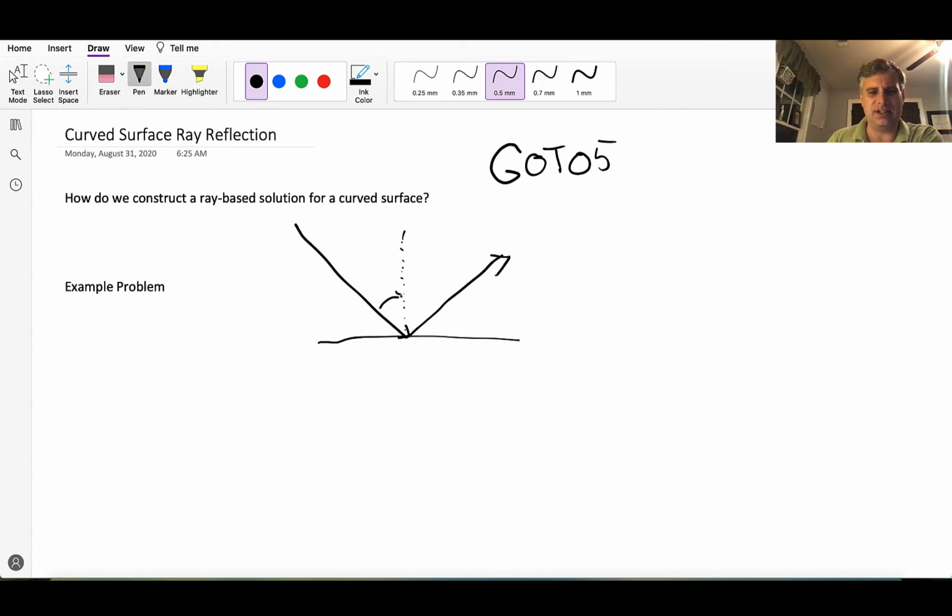Angle of incidence is equal to angle of reflection from Snell's law. But what if the surface is curved? One of the things I hope you see in this lecture is how flexible and powerful geometrical optics is for dealing with things that are more complicated than just planar surfaces.